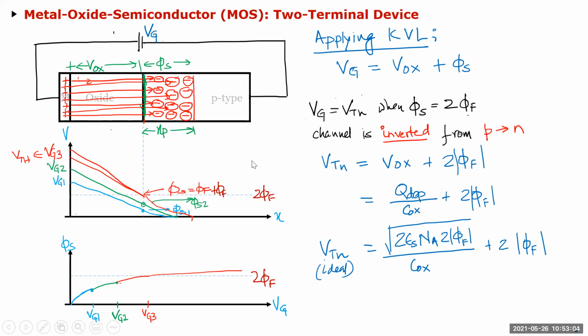Not exactly right, because there is a distance xp in it, but this is a smaller portion compared to the rest of the voltages, so it's still pretty accurate. For the value of Qdep, we went into detail on how we calculated this yesterday. We just plug that in, and that gives you what's called the VTN ideal.